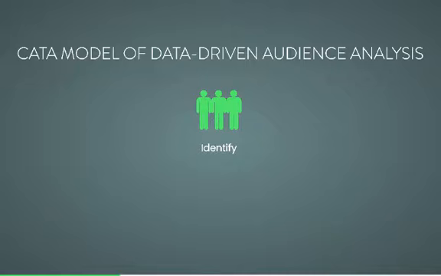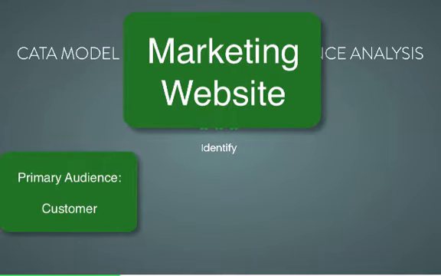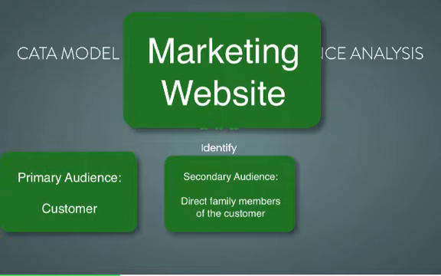So for example, if you think about a marketing website, primary audience is going to be a customer, right? So we're thinking very generally. Our secondary audience might be family members of a customer, right? Someone that makes a decision, like a parent. So I'm thinking as a parent, a website that's trying to sell a new toy to a kid.